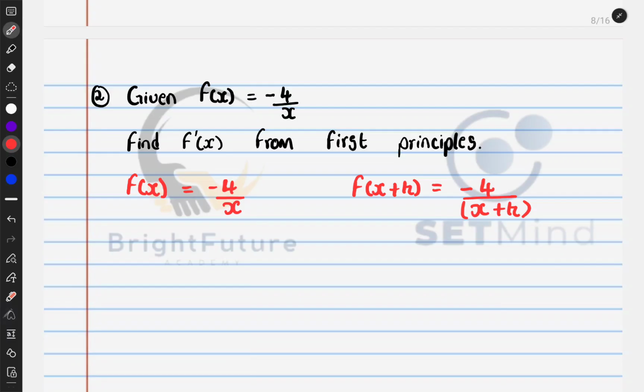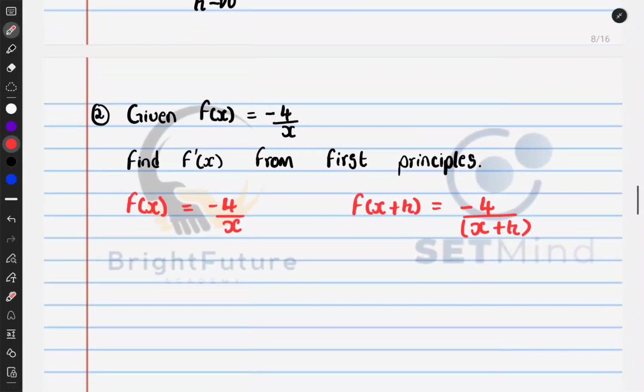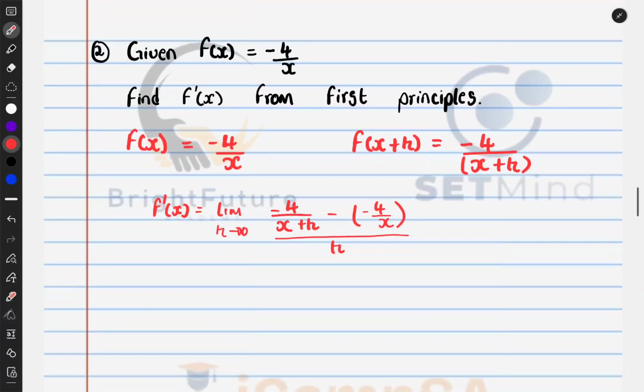Okay, and then once we are here, the next step is to go to our formula. So here what we have to do is to find the common denominator. Let's deal with the numerator first.